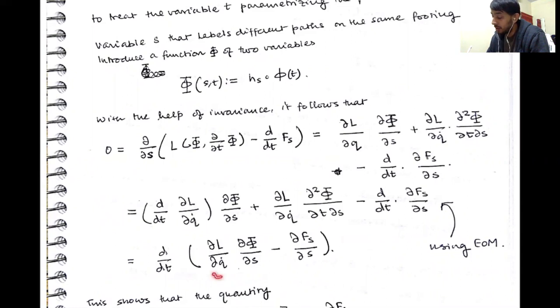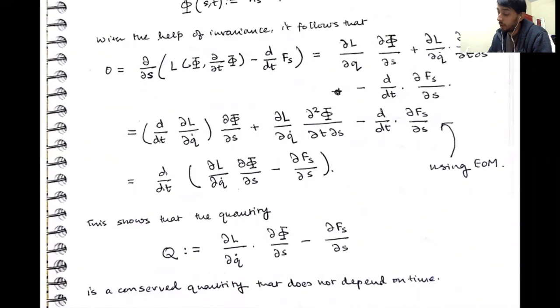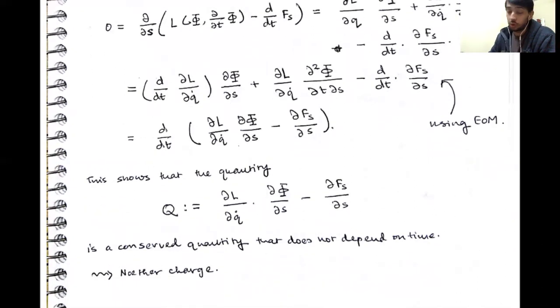Now you see that d/dt of something is equal to 0 is what you get. So this particular thing is going to be invariant, we call this Q. This is going to be independent of time. So Q, which is del L del q dot times del phi del s minus del F_s del s, is a conserved quantity, and it will not depend on time.